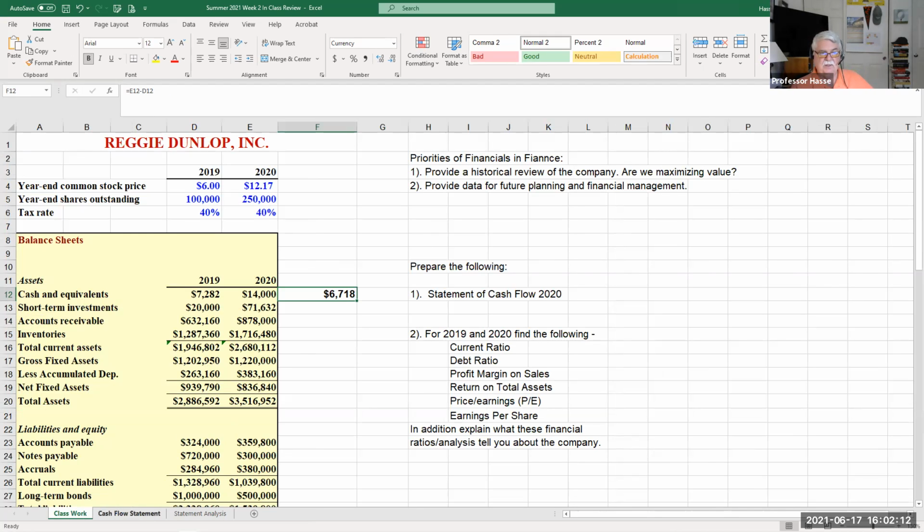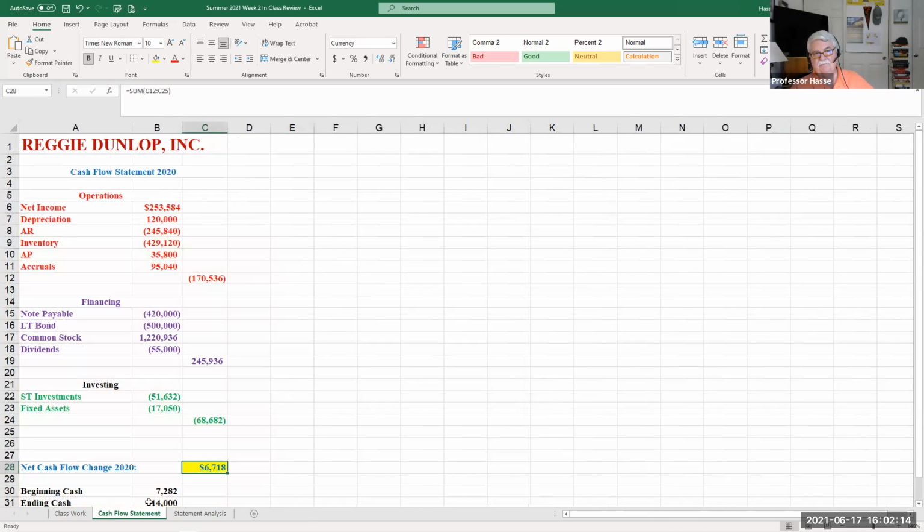Investors want to see where the cash flow is coming from.